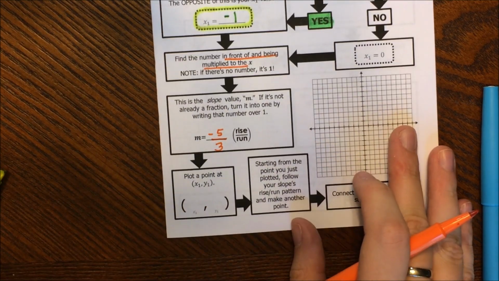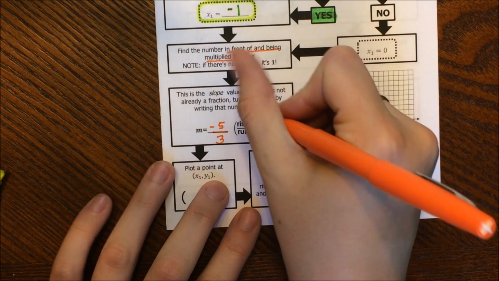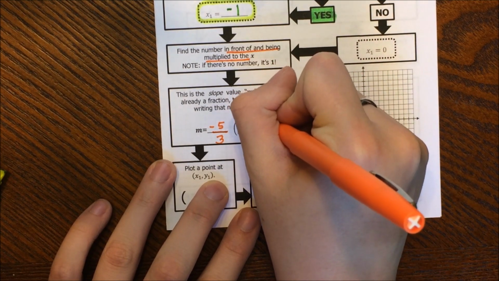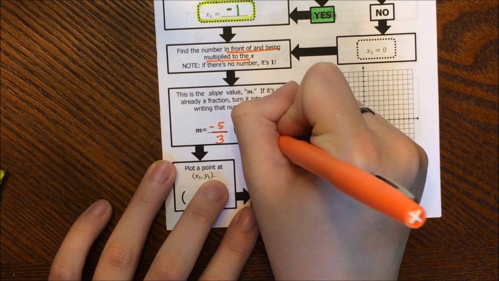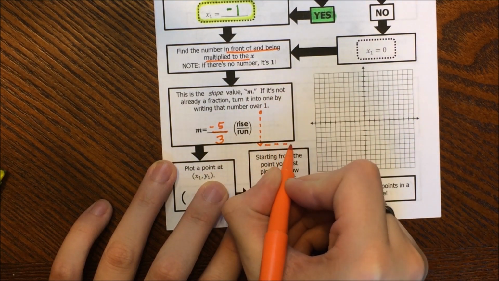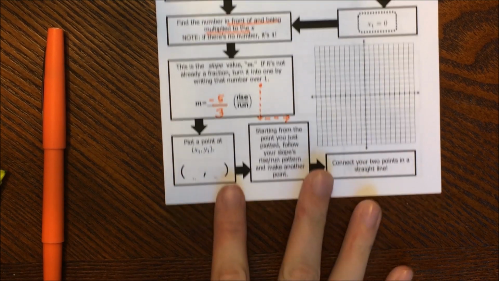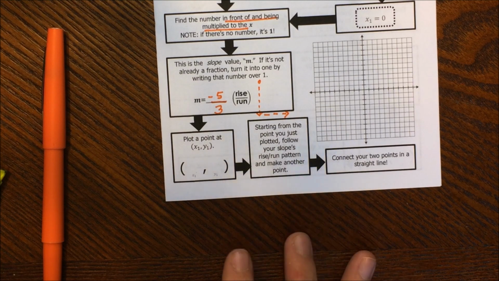And of course, slope, right, m represents rise over run. So this tells us wherever we start, we're going to go down 1, 2, 3, 4, 5, and then over 1, 2, 3 to get another point. Continuing, it says plot a point at x1 comma y1.